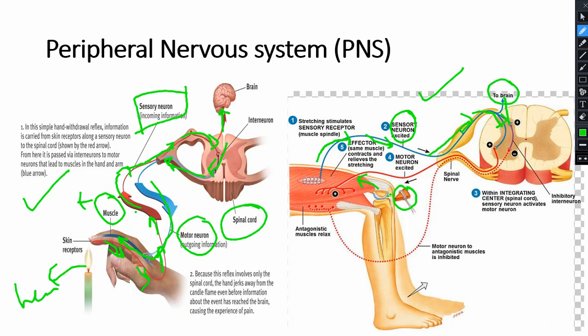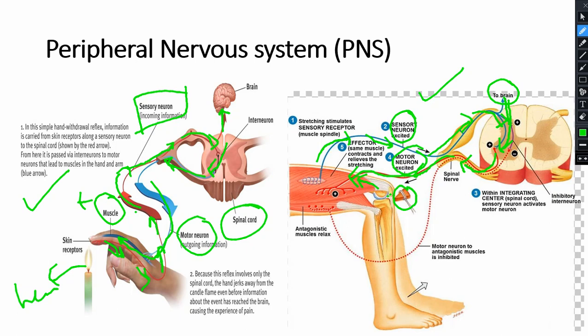The brain will produce a response against it, and that response will come from the brain and then to the spinal cord, and then with the help of motor neuron toward this effector, which is now a muscle of the leg. And this person will remove his foot.